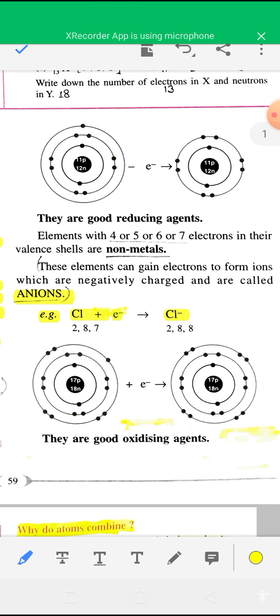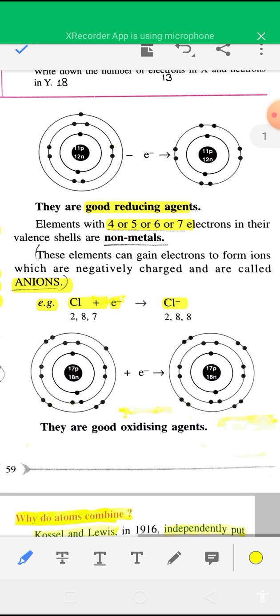so metals can lose electrons more easily. That's why metals are good reducing agents. And elements with 4, 5, 6 or 7 electrons in their valence shell are non-metals. Okay, so non-metals generally have 4, 5, 6 or 7 valence electrons, and these non-metals can gain electrons to form anions, negatively charged ions.